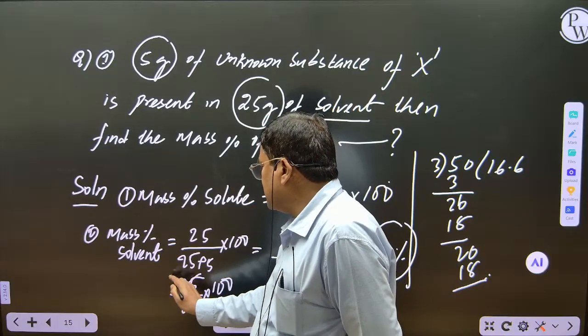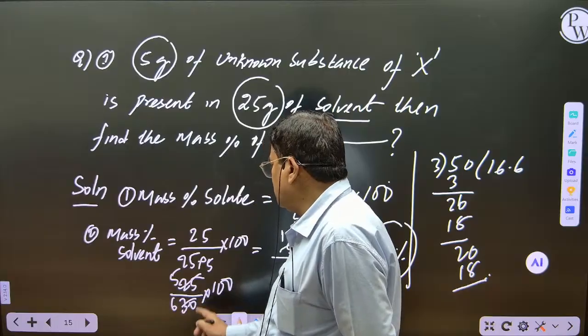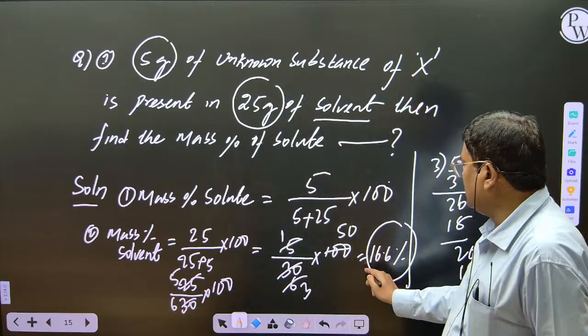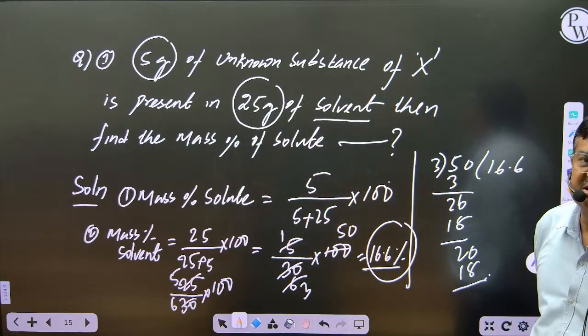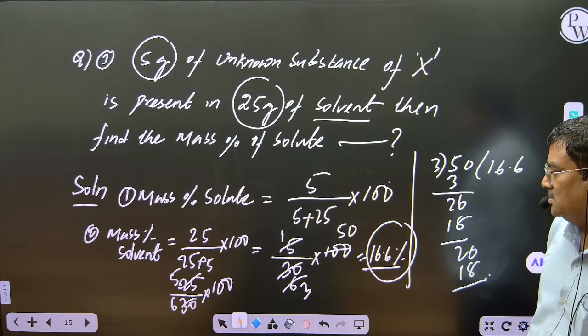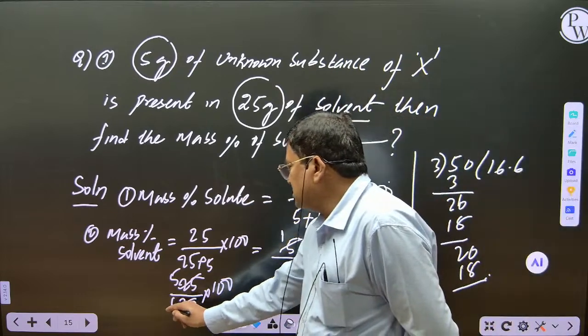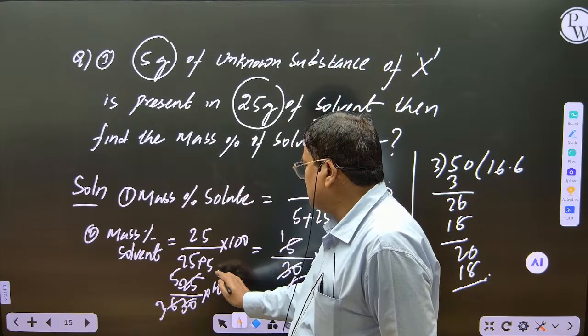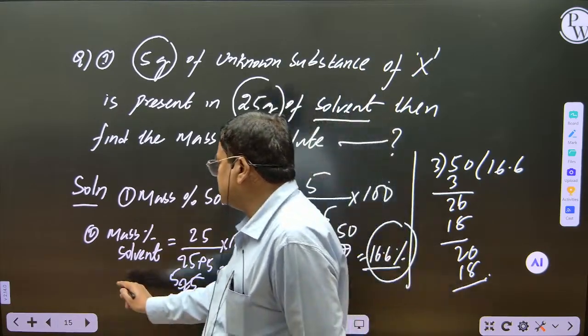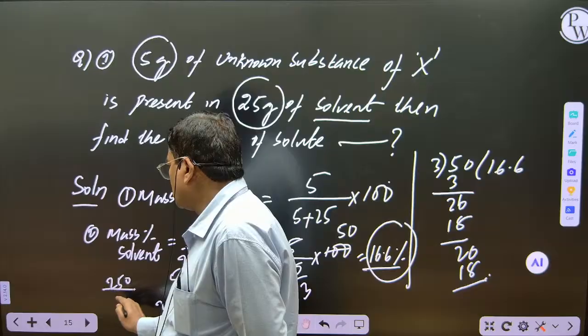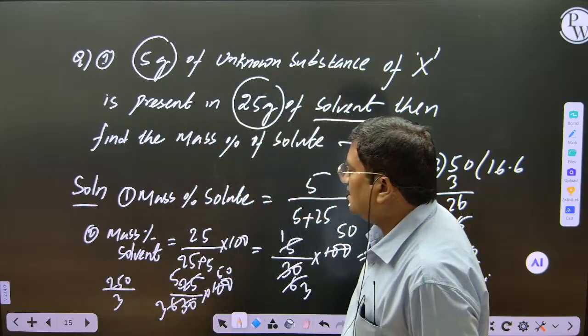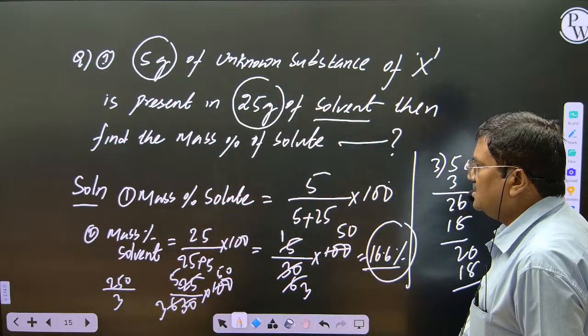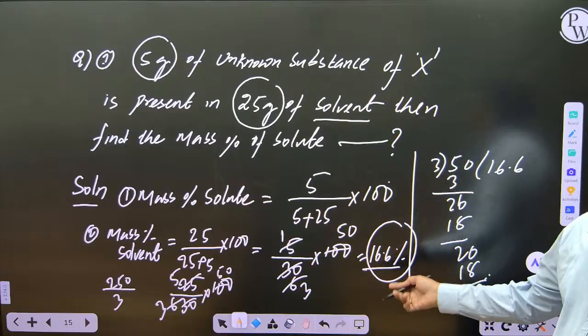So 5 fives are 25, 5 sixes are 30. That is 500 upon 6, or you can subtract from 100 minus 16.6. So this will cancel, 2 threes, 2 fifties. That is 250 upon 3, students. So divide 250 upon 3, or you can subtract directly from 100 minus 16.6.